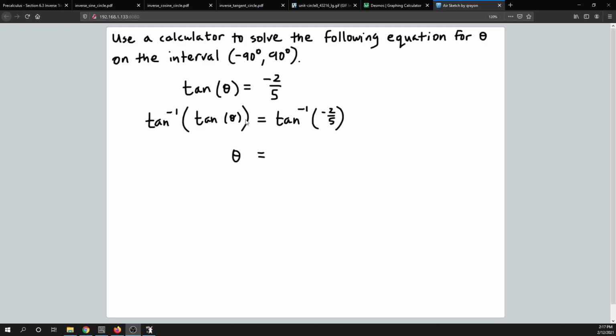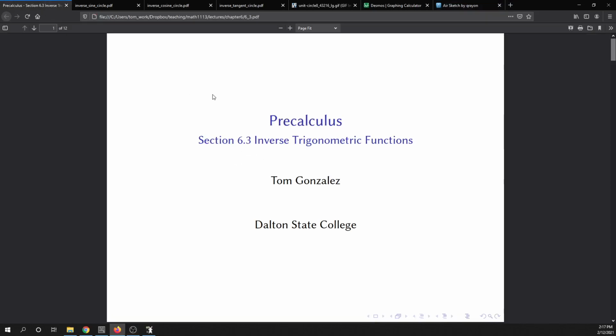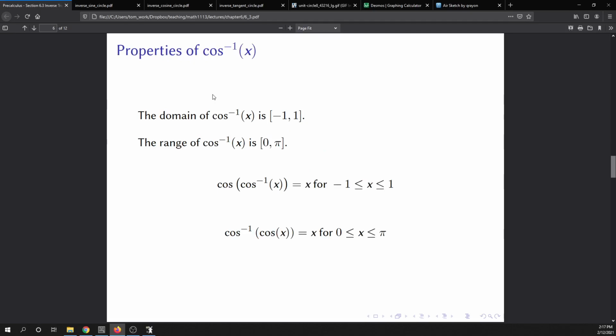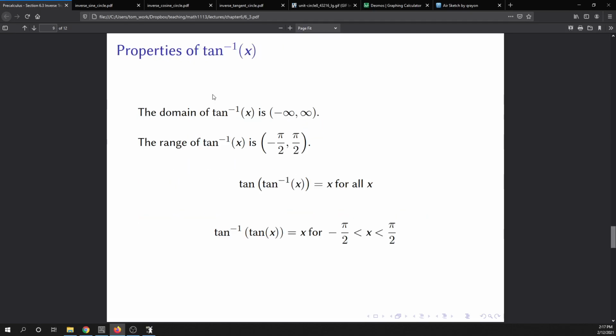The Greek letter theta. And the reason for that is if we go back and look at these properties that we have for the tan inverse, and the other inverse trigonometric functions have these same properties as well, we can see that we have this property here, tan inverse of tan x equals x for x between negative pi over 2 and pi over 2.